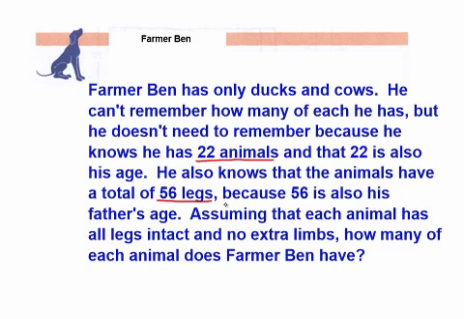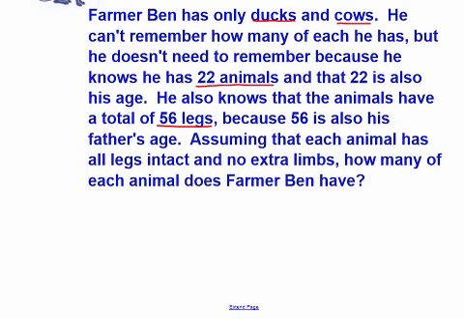Ben have? So he has ducks and cows. And one thing about ducks and cows, ducks have 2 legs, cows have 4. And he knows he has 22 animals. So one thing that you could do is obviously draw a diagram, is you can draw 22 animals.